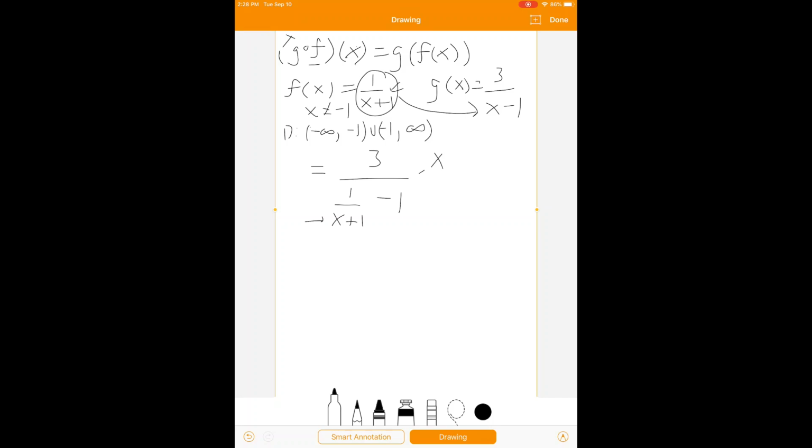So we are going to multiply both the numerator and the denominator by x plus 1. Remember to distribute that 3 to both terms, 3x plus 3 over. These are going to cancel nicely for us, and then I just have to distribute the negative 1.